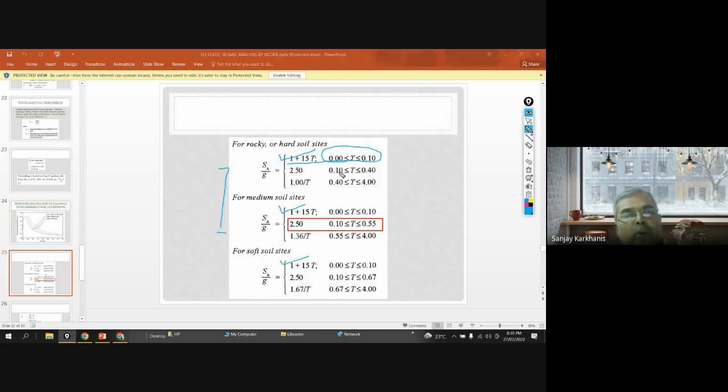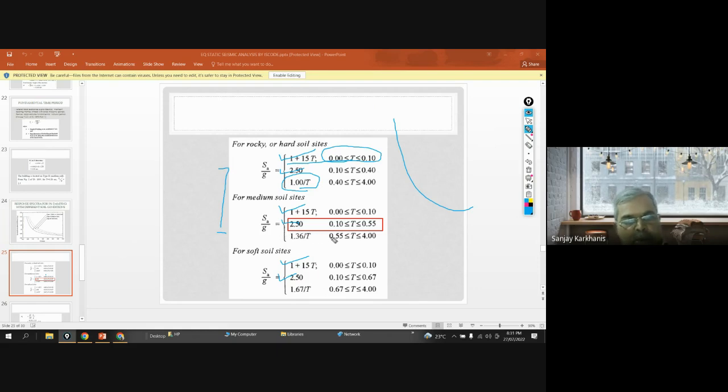Then for this time period from 0.10 to 0.4, you will see 2.5 and 2.5. For range of T equal to 0.1 to 0.4, and from 0.4 to 4 seconds, you will get this and this is your logarithmic decay, which will go like this: 1 upon T, logarithmic decay.